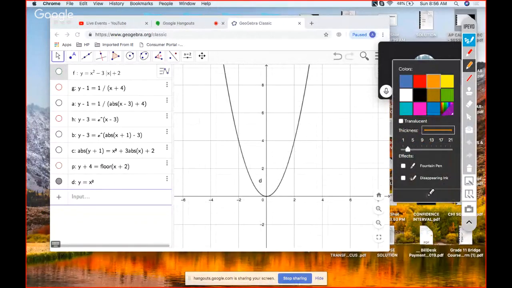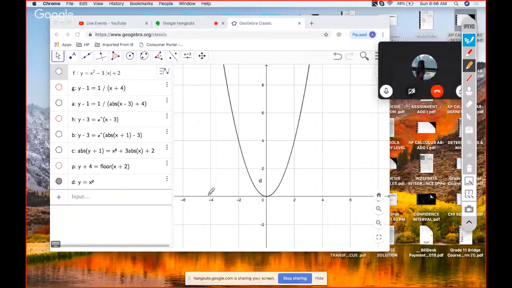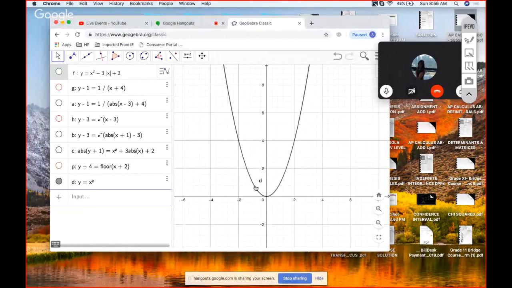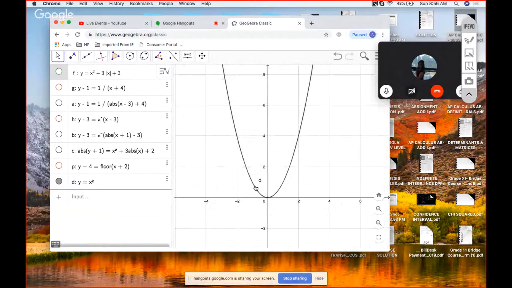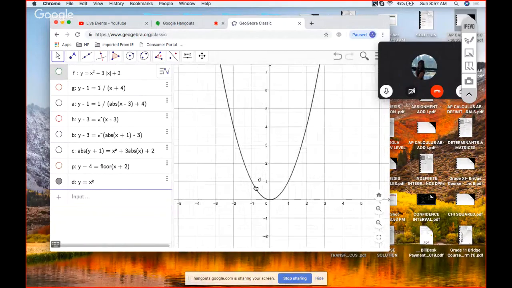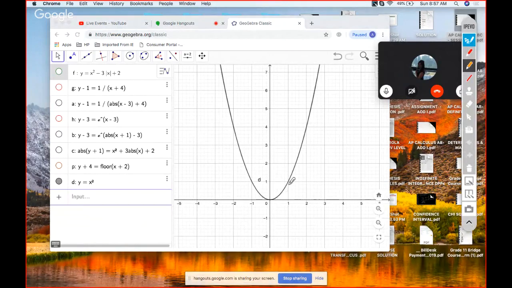Between 0 and 1, I'll broaden it a bit so that 1 is shown. Now between 0 and 1, this part of the graph will fall on the x-axis like this.